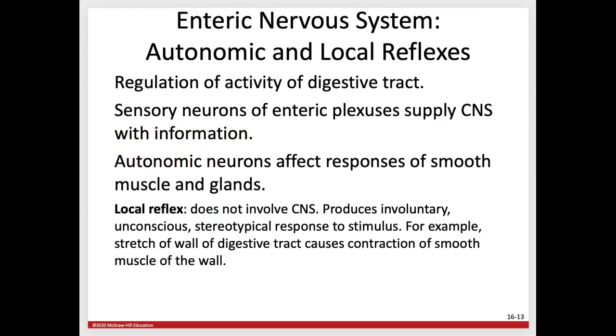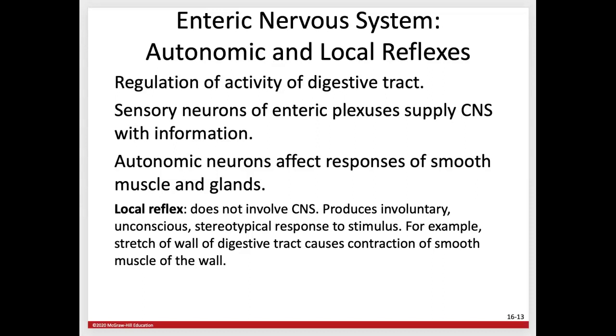So, regulation of activity of the digestive tract comes from autonomic and local reflexes. The sensory neurons of the enteric plexuses supply the CNS with information, and then the autonomic neurons affect responses in the smooth muscle and glands.